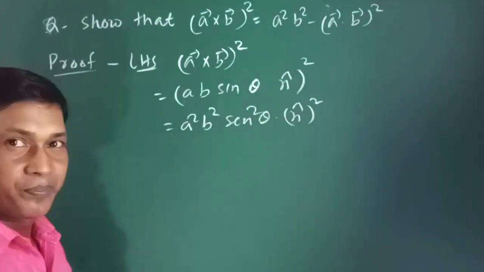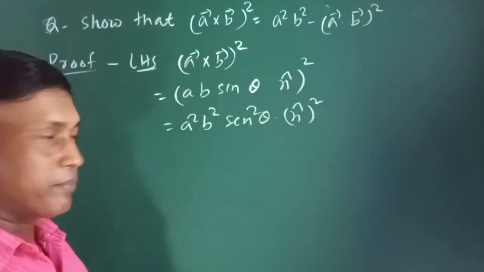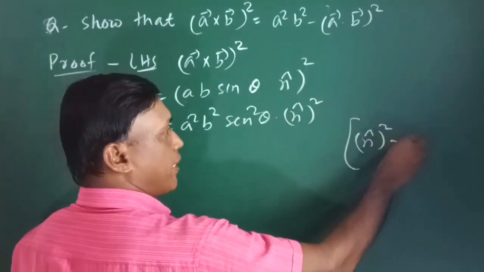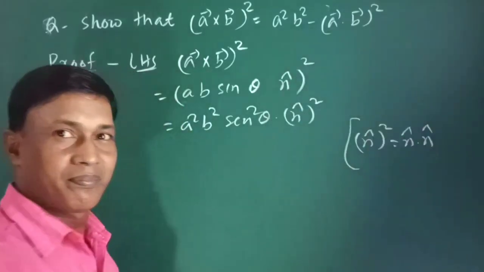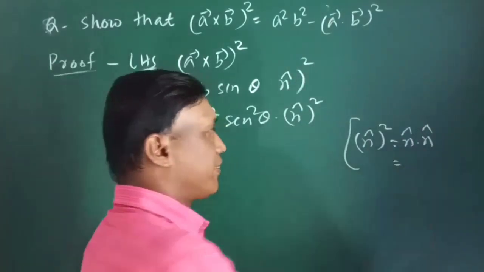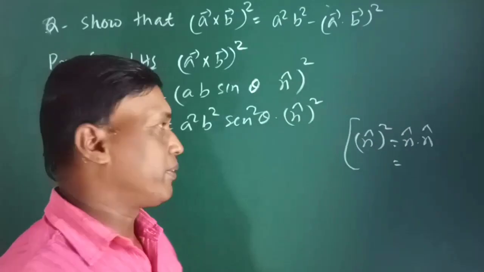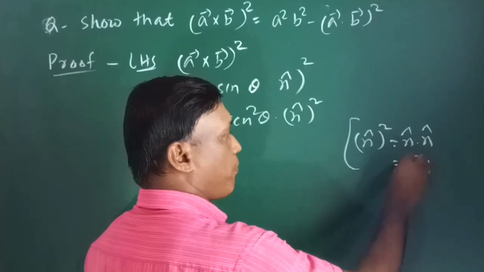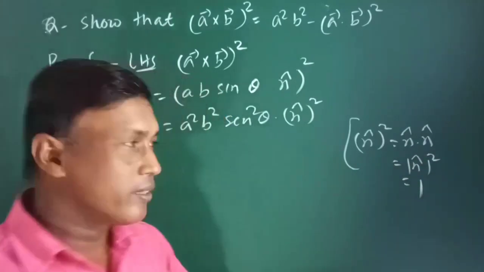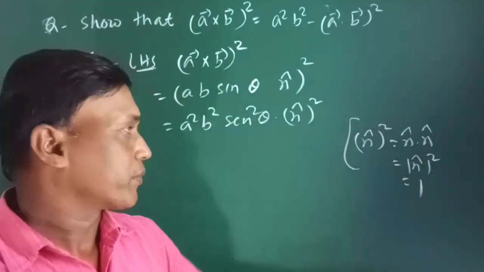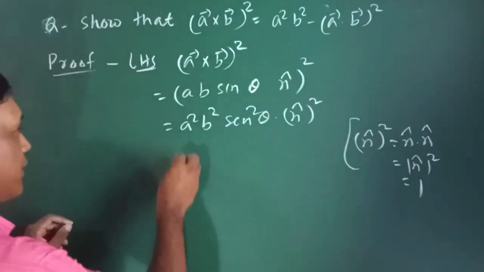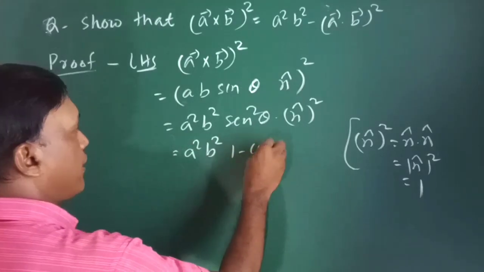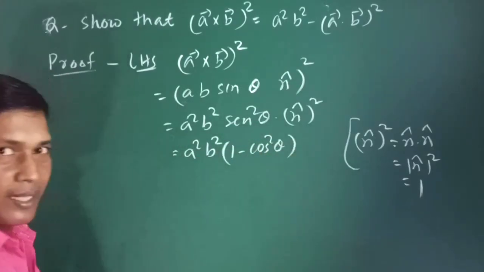But we know the square of n cap, as you know, n cap square means n cap dot n cap, and n cap dot n cap is the square of the magnitude of a unit vector, and is 1 because n cap is a unit vector. So this is A square B square sine square theta, and sine square theta is 1 minus cos square theta.